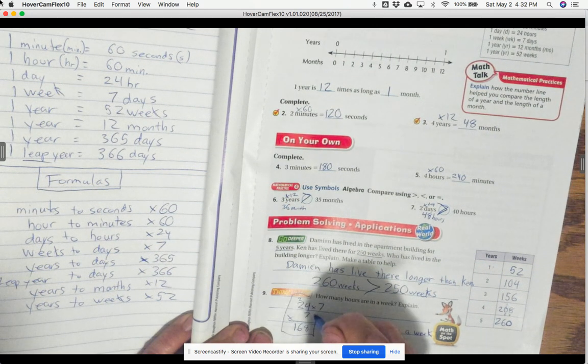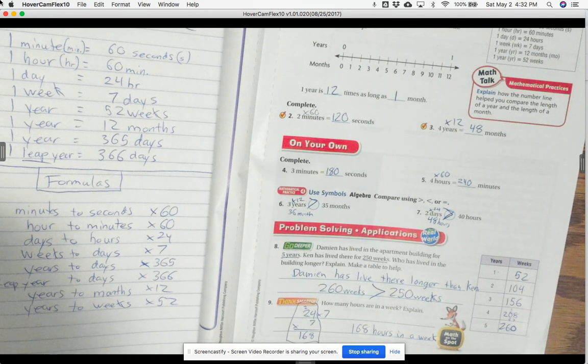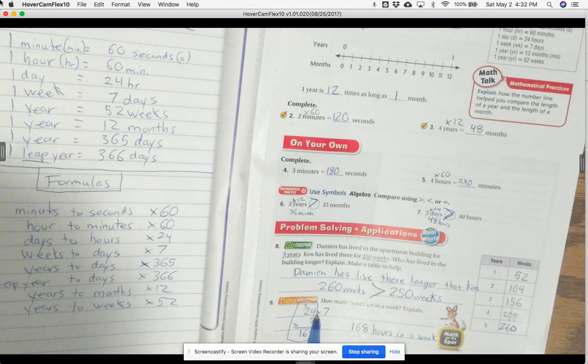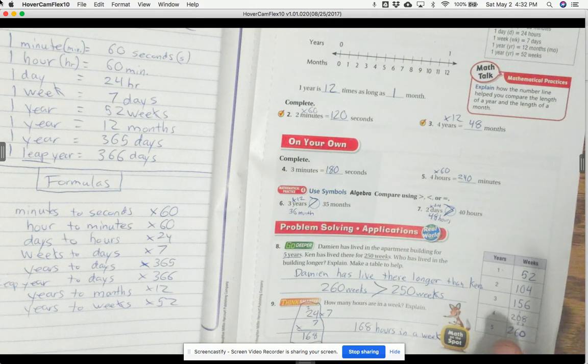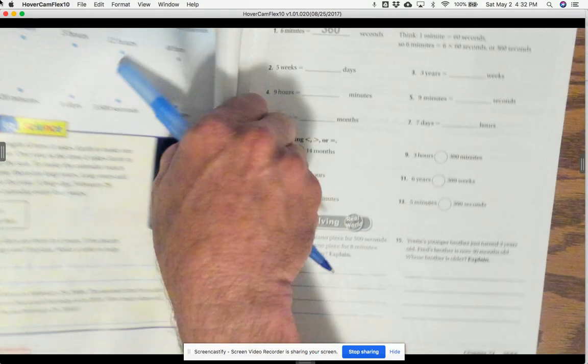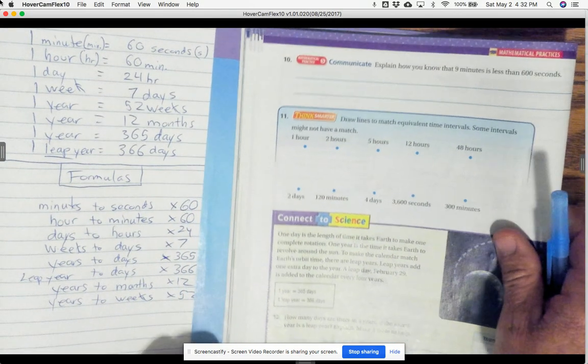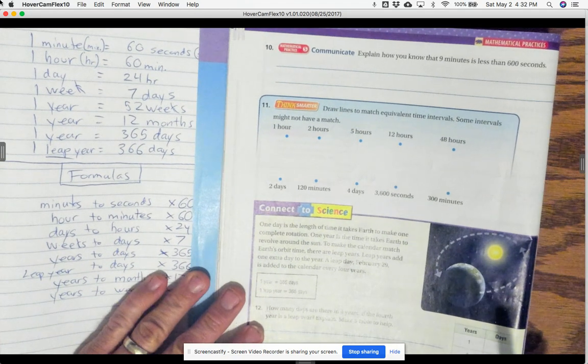Our explanation is done here in this number sentence. 24 hours times 7 days gives 168 hours in a week.